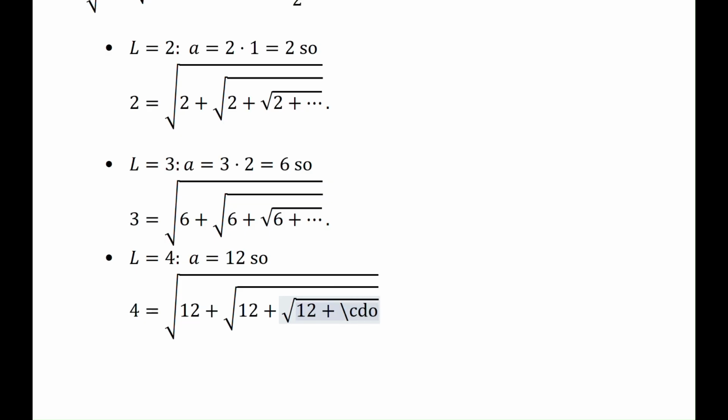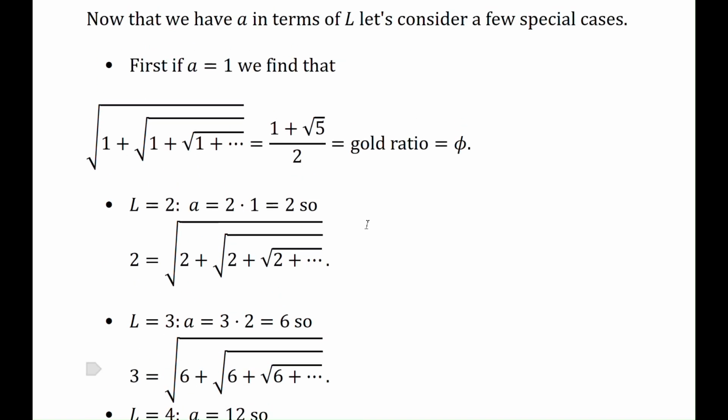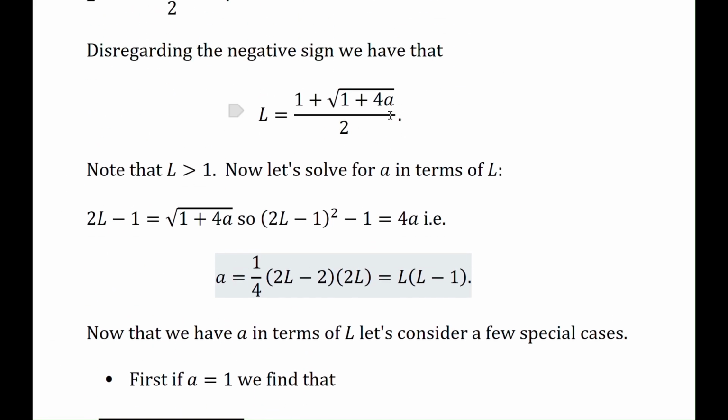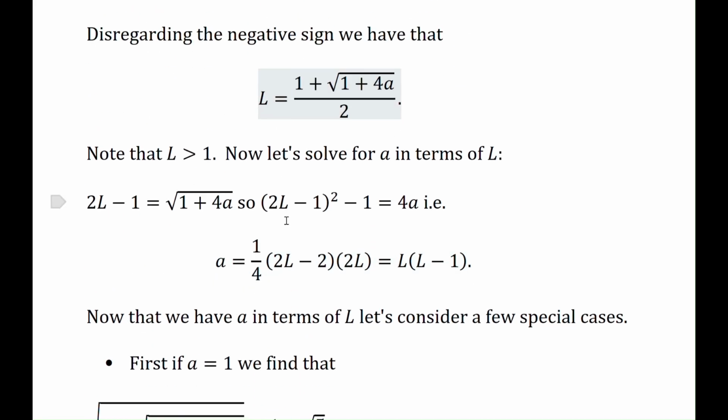All right, so that's kind of cool. Notice that our limit doesn't have to be an integer. It just has to be some real number bigger than 1. By the way, you'll notice this formula doesn't make sense if L is 1 or less than 1. So it only makes sense for numbers that are bigger than 1 in accordance with what we noticed about this expression for L, right?